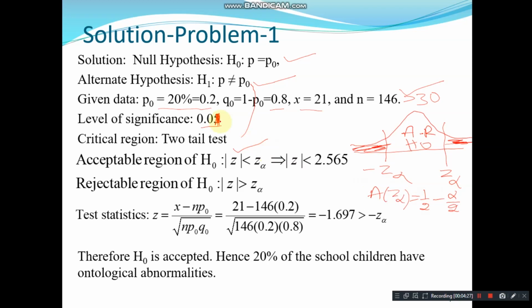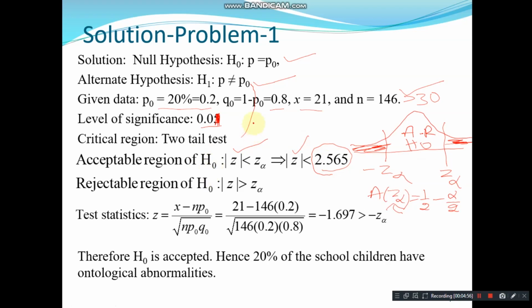Alpha is nothing but 0.01, so it is 0.005. Now this z alpha you can take from the table values. From the table value you will get 2.565. So it is mod z less than 2.565. If z is in between negative 2.565 and positive 2.565, that is the acceptable region of H naught.